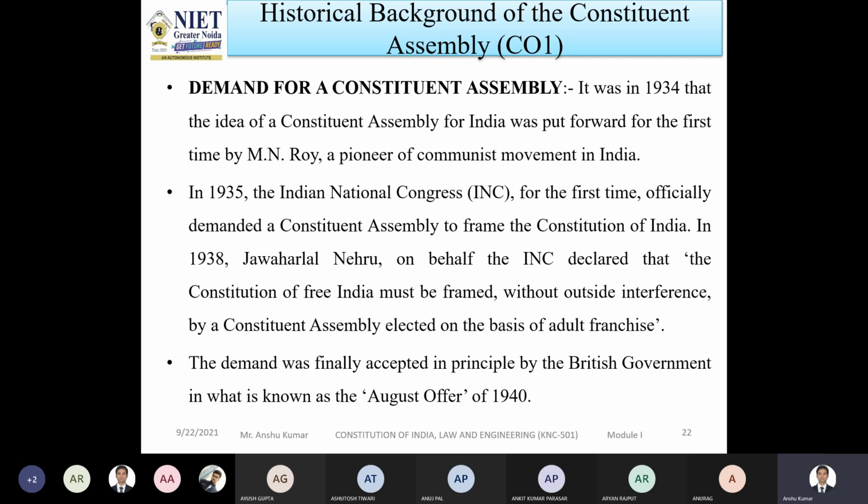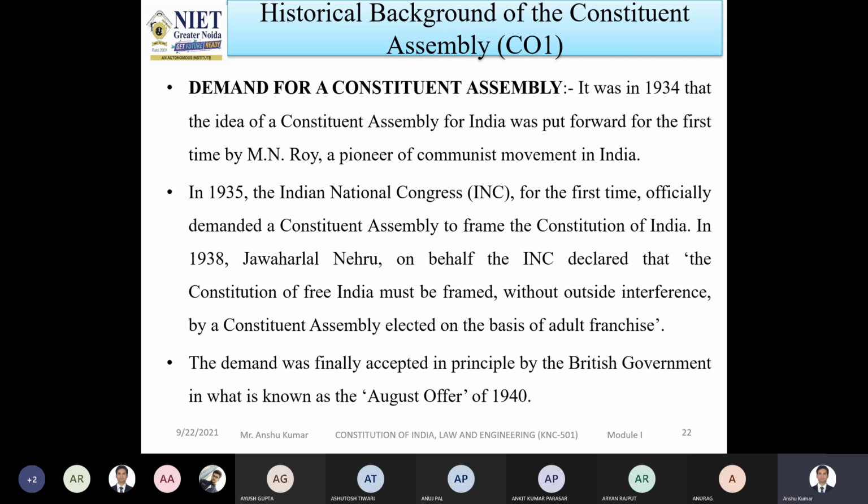And the very next year, in 1935, the Indian National Congress for the first time officially demanded a Constituent Assembly to frame the Constitution of India.